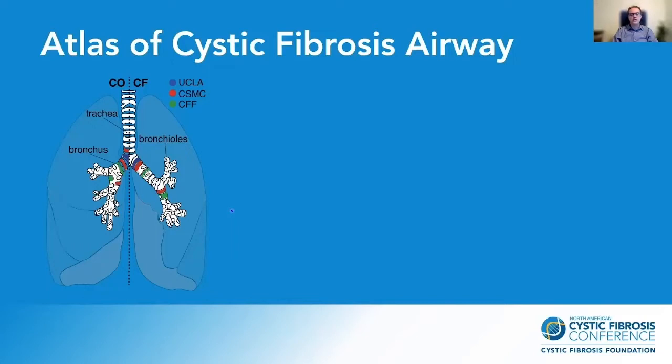This was done by a consortium put together by the Cystic Fibrosis Foundation that included 3 different labs: Brigitte Gomperts at UCLA, the lab at the Cedars-Sinai Medical Center, and the Cystic Fibrosis Foundation lab. We were able to collect a large amount of samples, shown here in this cartoon, from different portions of the airways.